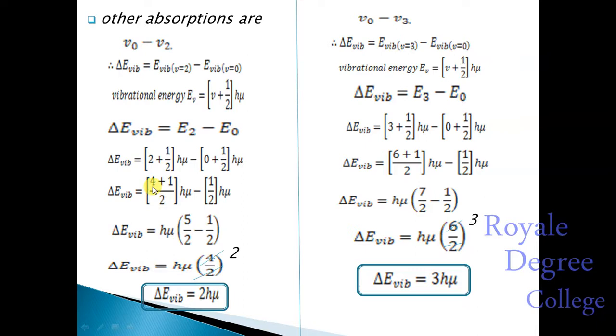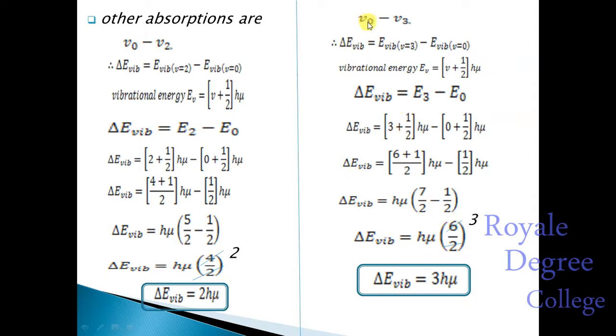Then we add: 4 plus 1 gives 5. So 5 by 2 minus 1 by 2. Now the denominators are the same, so we take 2 as common. Then 5 minus 1 gives 4. 2 ones are 2, 2 twos are 4. So you will get the value 2 h mu. That is the change in vibrational energy.